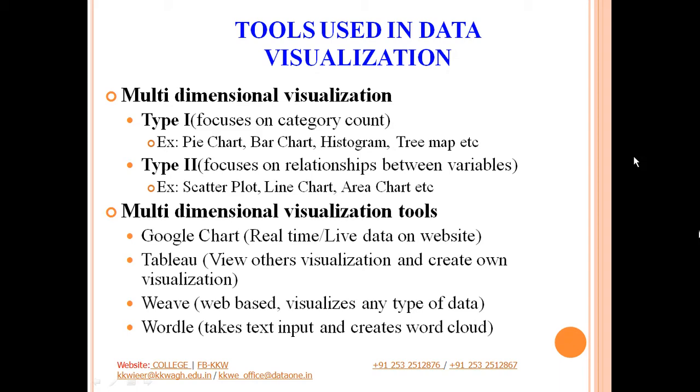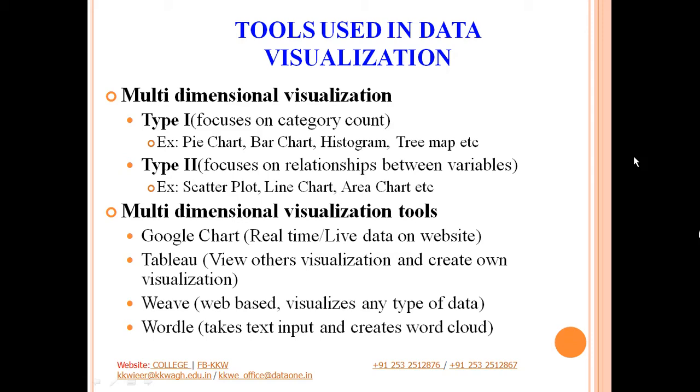Type 1 focuses on the category count, that is, the amount of data available. We usually represent the count of an attribute or feature using charts like pie chart, bar chart, histogram, tree maps, etc. All these belong to type 1 because here we focus on the category count, that is the number.